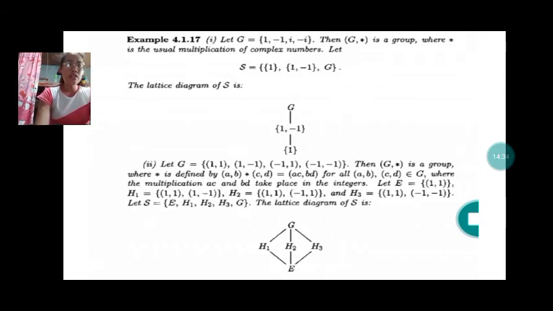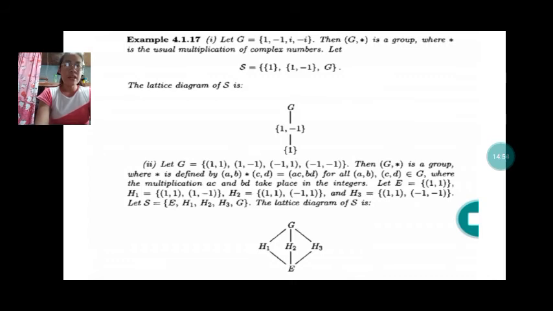And H sub 3 is the set of ordered pairs (1, 1) and (-1, -1). So let H be the set of E, H sub 1, H sub 2, H sub 3, G.